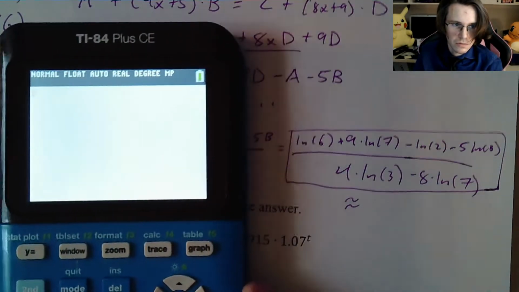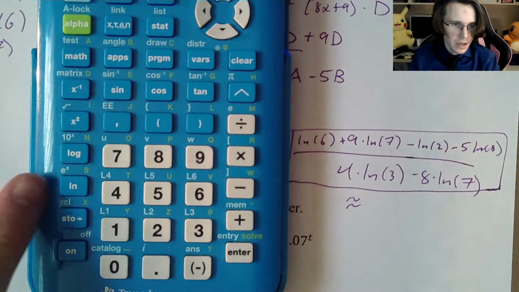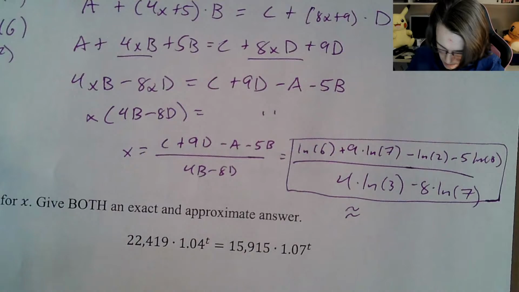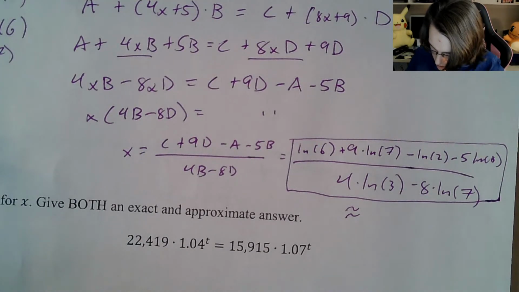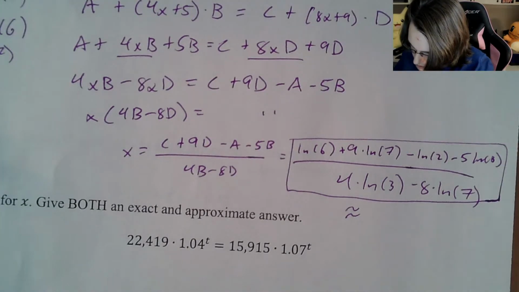So I'm just doing the alpha, y equals, enter, getting my fraction. ln button's right there. So we have the ln of 6 plus 9 ln of 7, minus the ln of 2, minus 5 ln of, I can't even read my own handwriting, that's a 3.